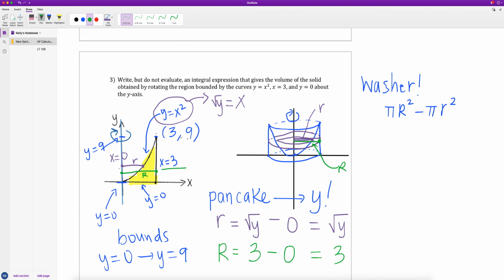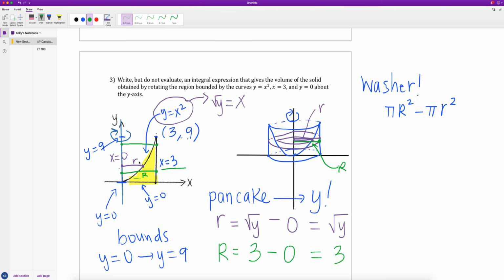Now, hopefully looking back at the graph, we can see why my big radius is actually a constant number. No matter where I draw this big radius, if I draw one down here, it's at a distance of 3. Even if I draw one way up at the top, it would also be a distance of 3. I'm also going all the way from x equals 0 out to 3.